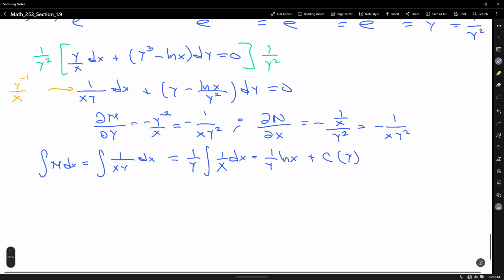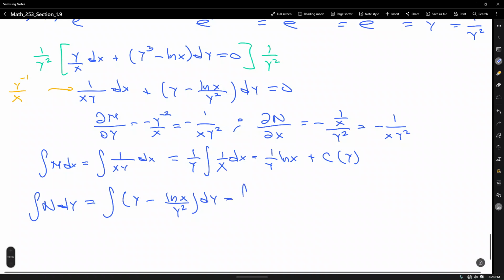Let's have a look at the second integration here. That's the integral of n with respect to y, which is the integral of y minus ln of x over y squared dy. However, since we're integrating with respect to y, that y squared in the denominator cannot remain in the denominator. We need to move it to the numerator, so we can use the general power rule on it.